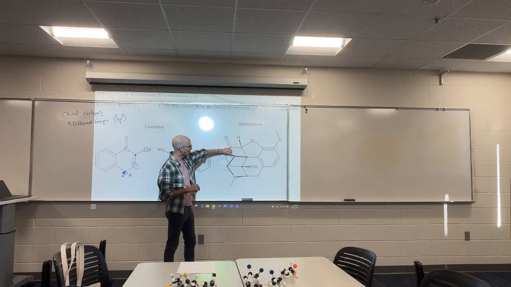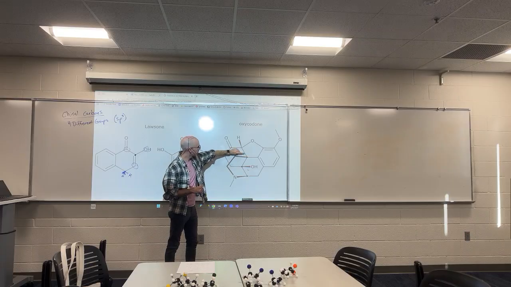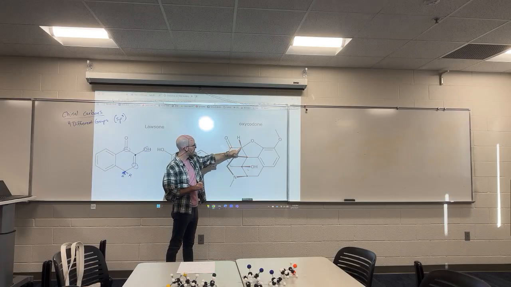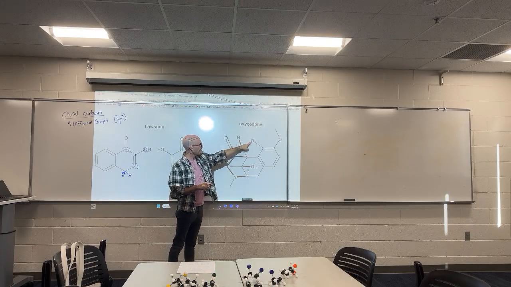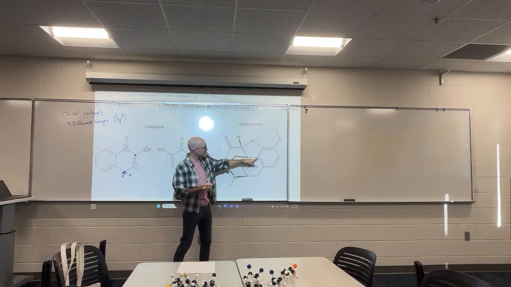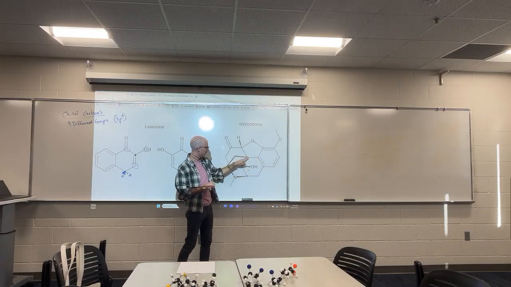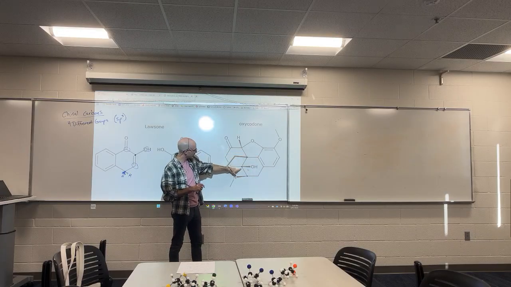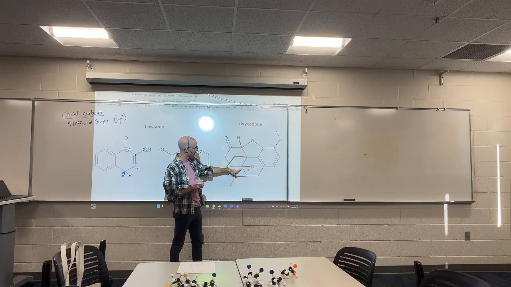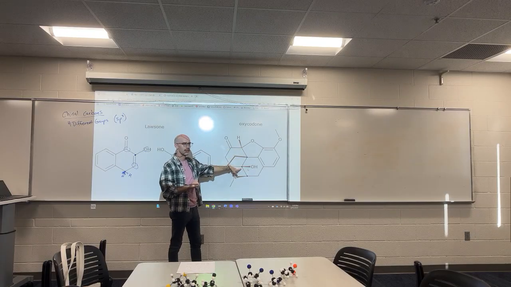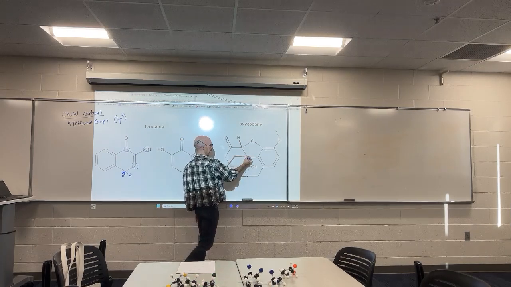Here's a CH2 that goes into this amine bridge. Here's a tertiary carbon that's adjacent to the ketone and the ether. Here's an sp2 carbon in the ring. And here is that tertiary alcohol again. So 2 tertiary carbons bonded to different groups in very different places. That's definitely a chiral carbon.